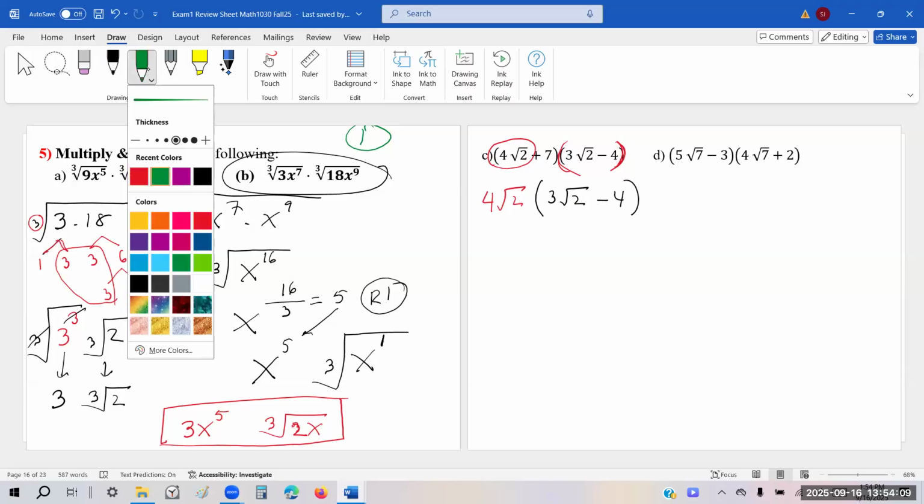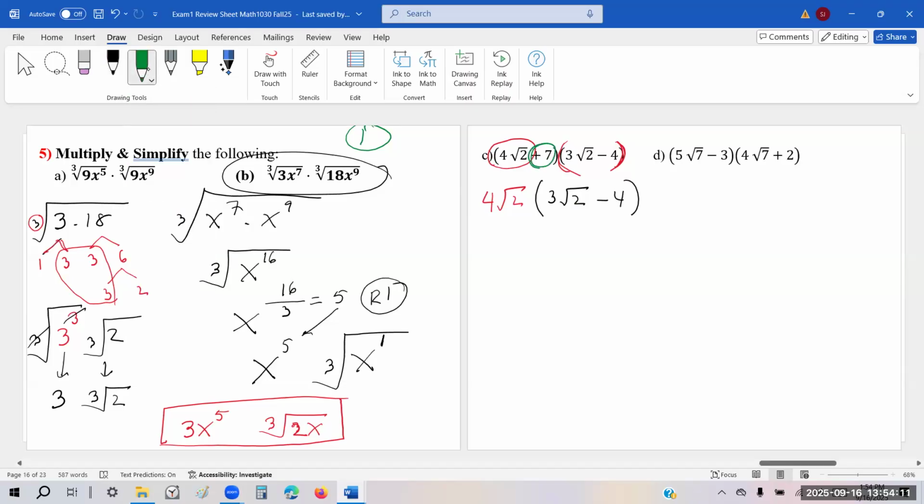And then you take your 7 and multiply the binomial again, 3 square root of 2 minus 4. So one monomial from your left binomial and multiply the entire binomial on the right side. And then you do the normal thing, distribution.